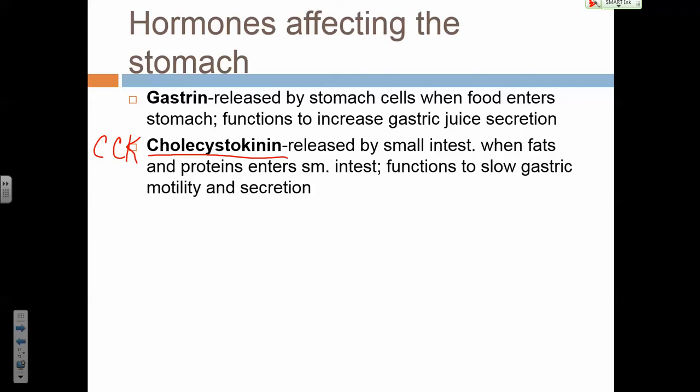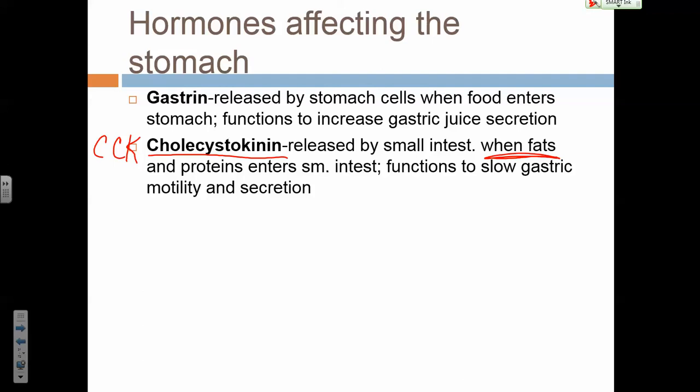It is made at the small intestine in the presence of fats and proteins. So as food moves from the stomach into the small intestine, the presence especially of the fats, I want you to memorize when fats enter the small intestine, because that'll help you figure out what its action is. Okay, have we broken down fats yet?